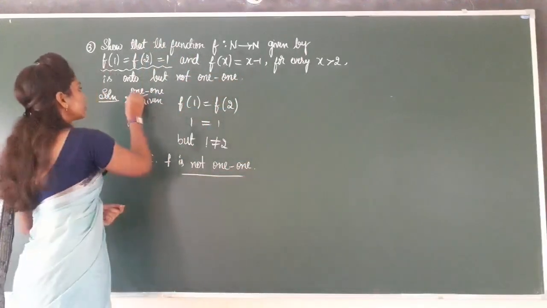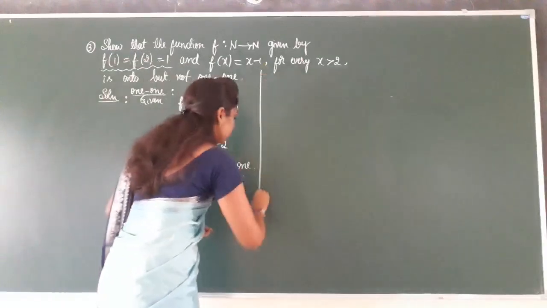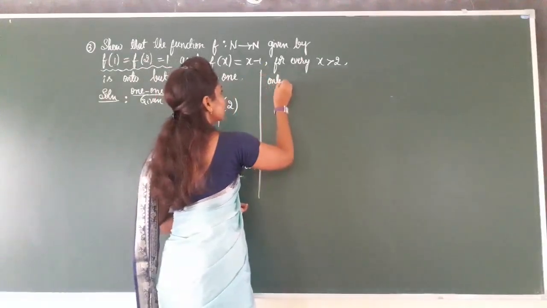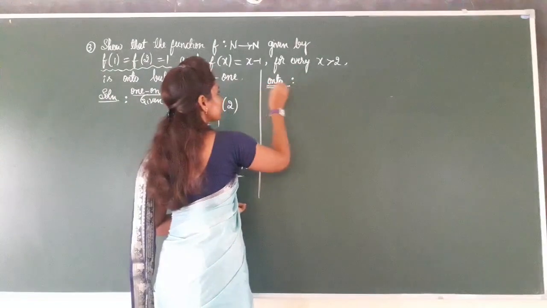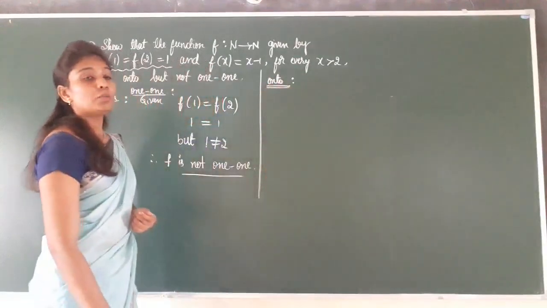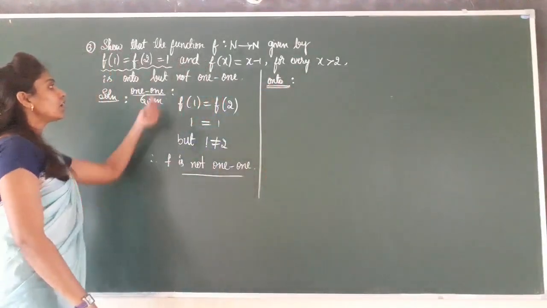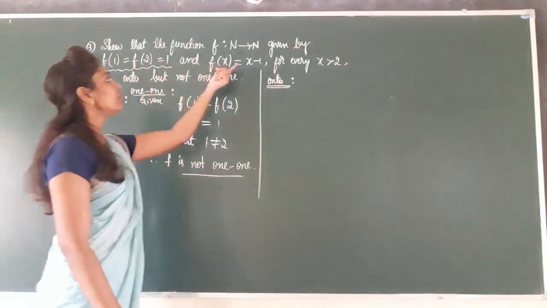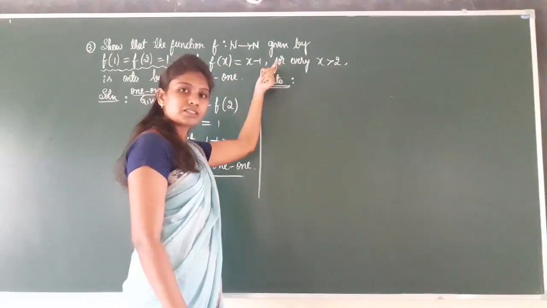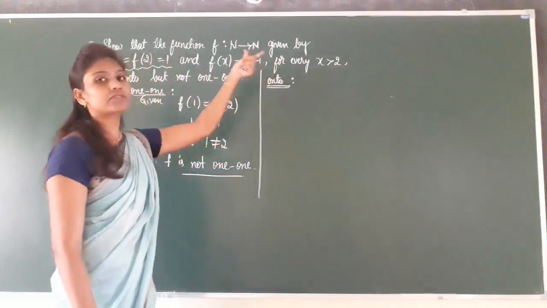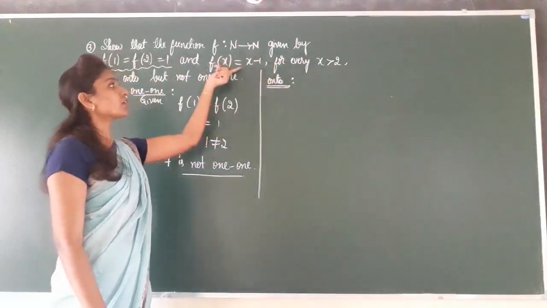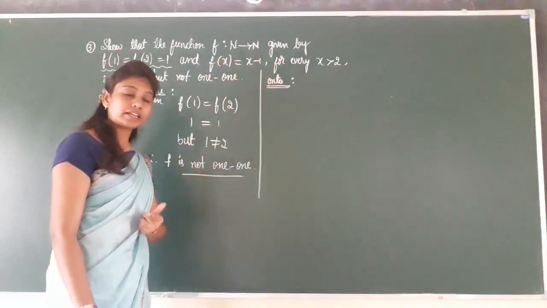Now move on to the onto function. Before doing the onto function, we have to write the given function f of x is equal to x minus 1 in terms of x.